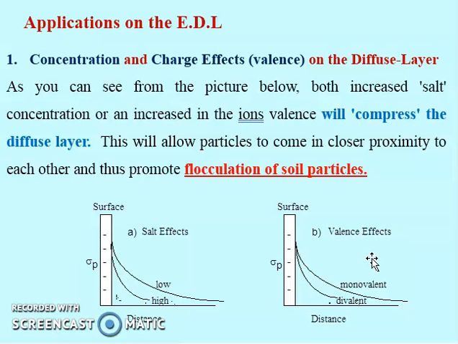Then we have two factors now. The first is concentration, the second is electric charge or valence, and the last one is the hydrated ion radius. The higher the hydrated radius, the higher the electric double layer.